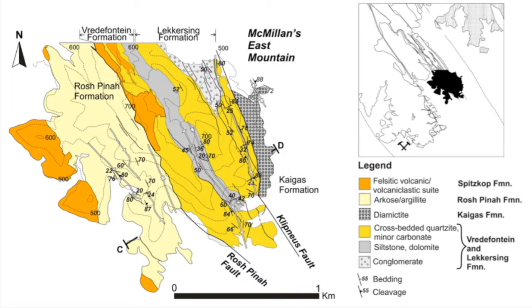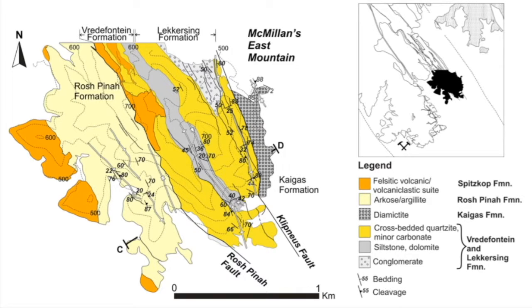Here displayed in yellow is a quartzite dominated sequence. There's a siltstone unit interbedded with that, and there are some carbonate layers within the siltstone unit as well. There's a bit of felsic volcanics along the contact there. And then this unit up to the east is a diamictite.